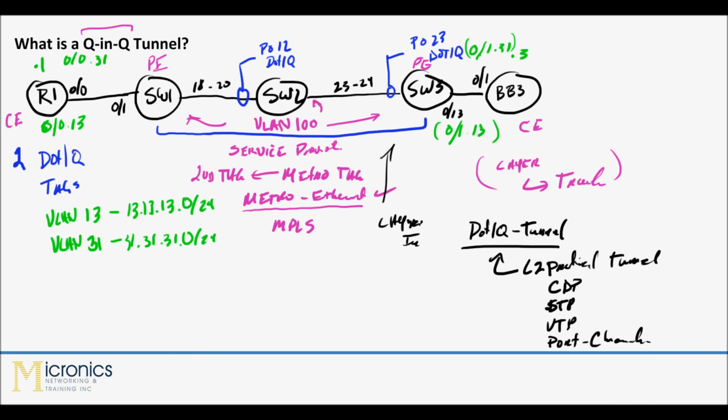To make it clear, we have created a tunnel between SW1 and SW2 that actually employs VLAN 100 for the purpose of providing this transport without any of our devices, SAO1, SAO2, or SAO3, knowing anything about VLAN 13 or 31.